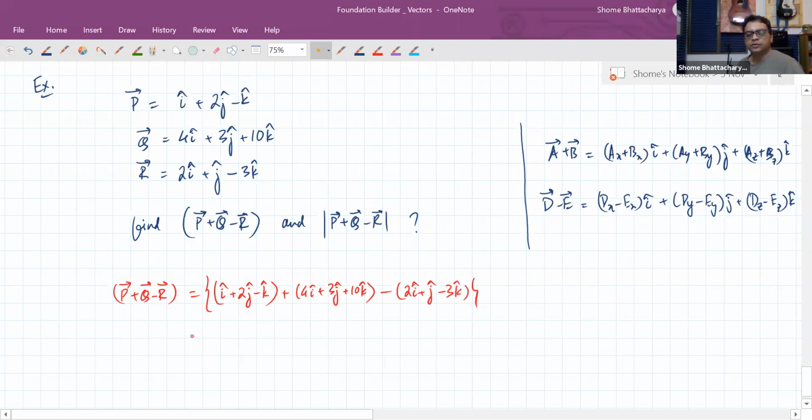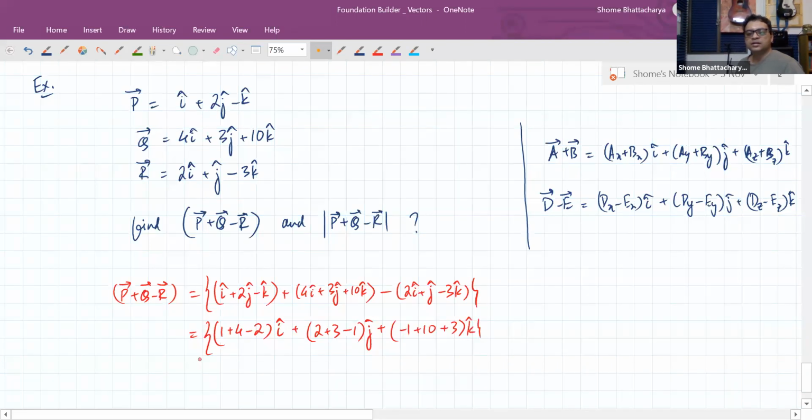So this is the operation. Now take i cap common. So we have 1 plus 4 and then minus 2. Then take j cap common. So we have 2 plus 3 minus 1. And take k cap common. So we have minus 1 plus 10. And then again this becomes minus minus plus 3.